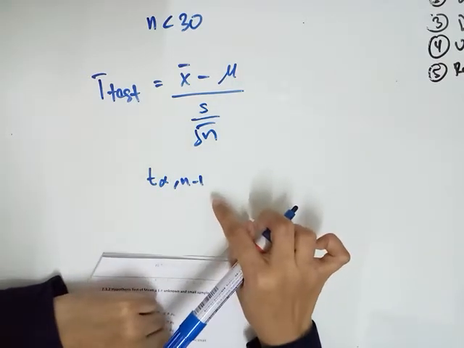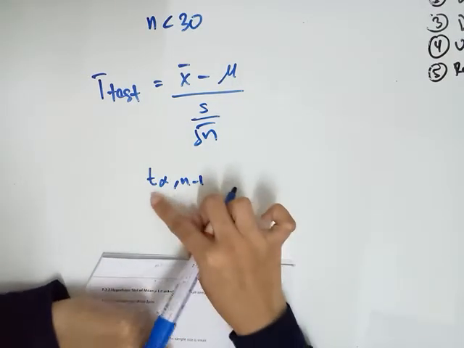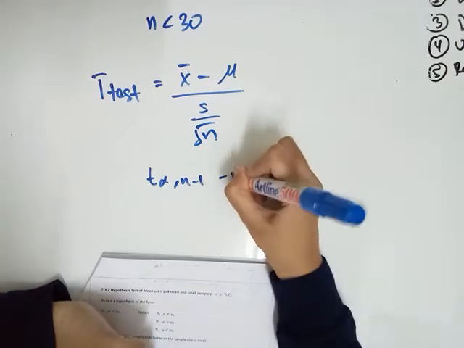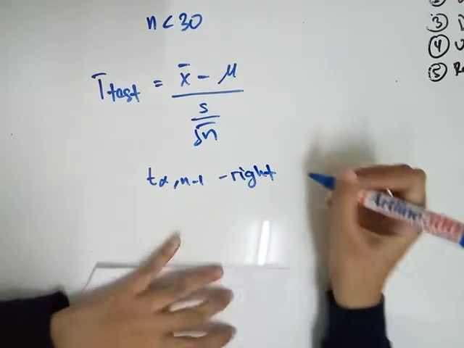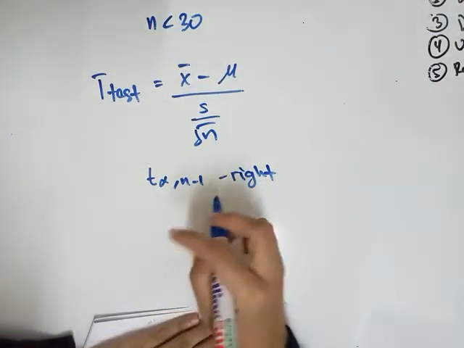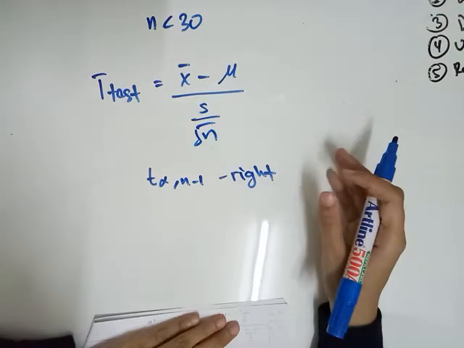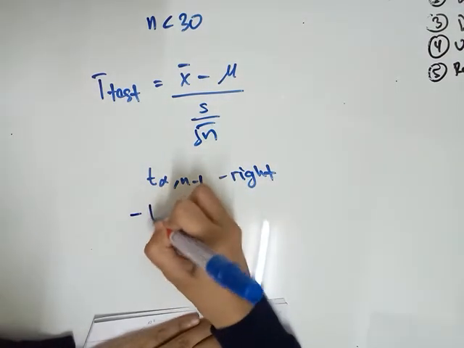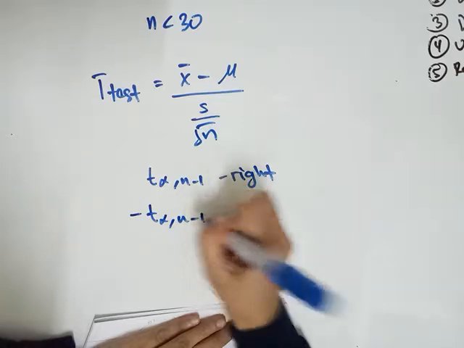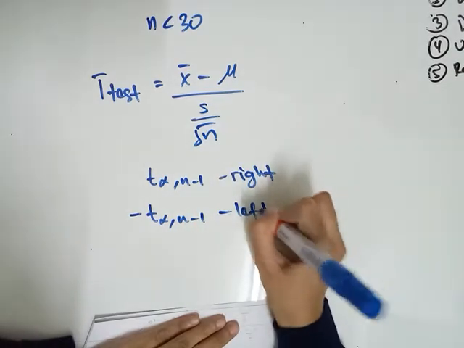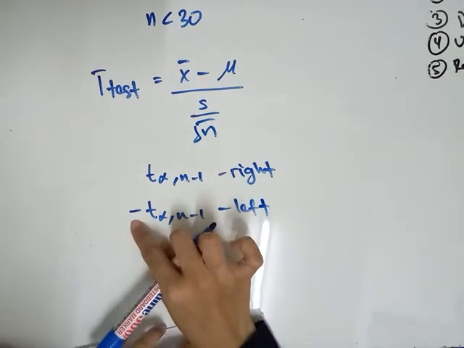When we test the right tail of the area, it is positive t alpha, n minus 1. When we need to test the left tail of the area, it is negative t alpha, n minus 1. You need to put negative.